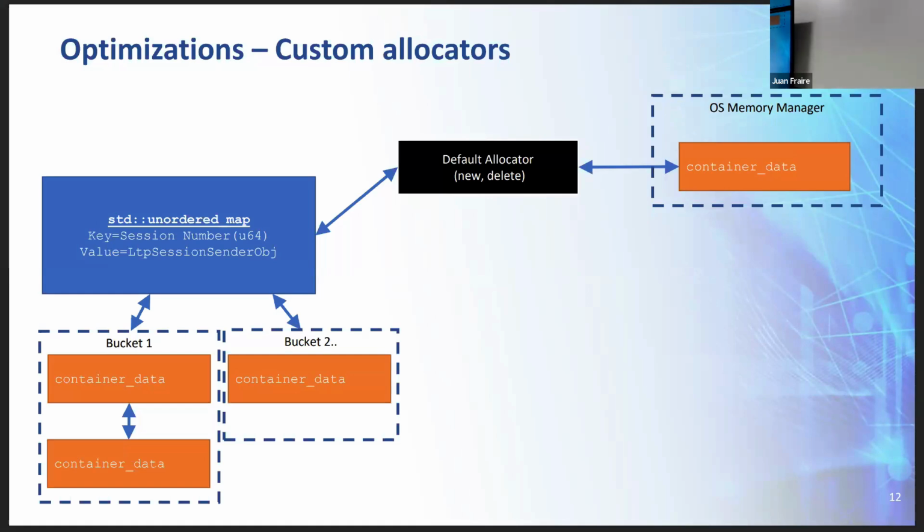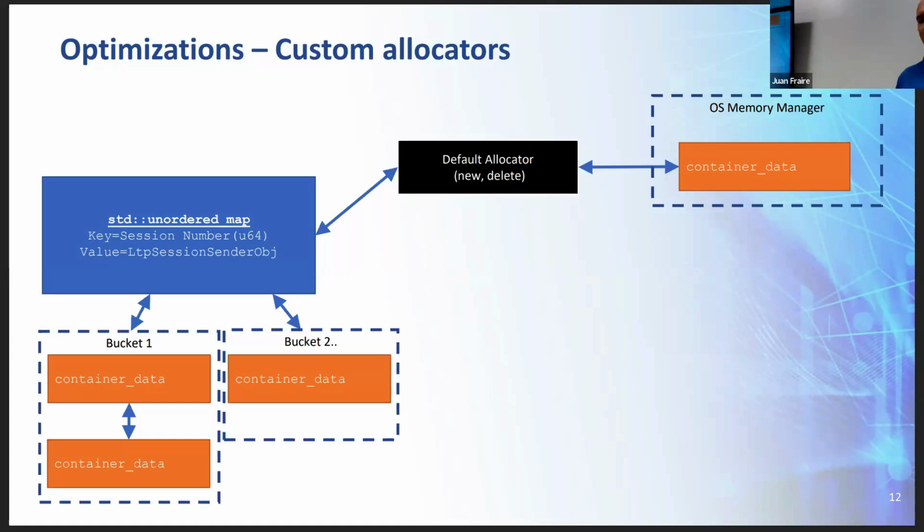What I'm getting at is in blue there, the blue box on the left, that is a hash map that is currently being used in our implementation. In C++, it's also called an unordered map. If you're familiar with hash maps or unordered maps, they hash things and stick your data in buckets.